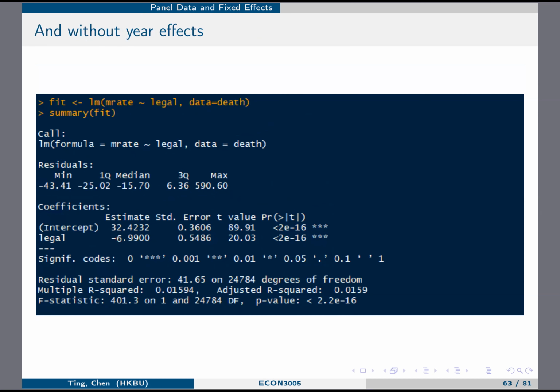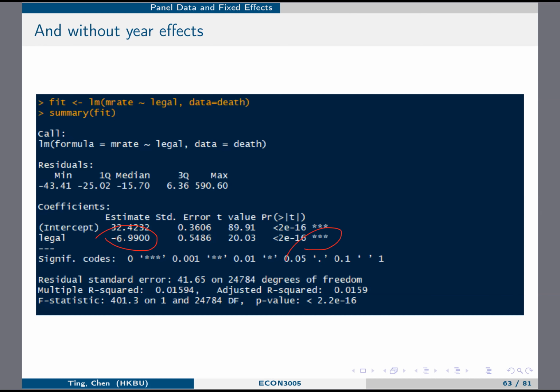The same if we also rule out the year fixed effect. We didn't hold the year fixed effect constant. Again, we have a negative estimate of this legal variable, and it's also significant.